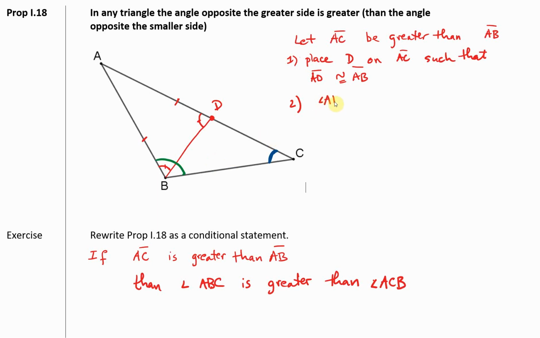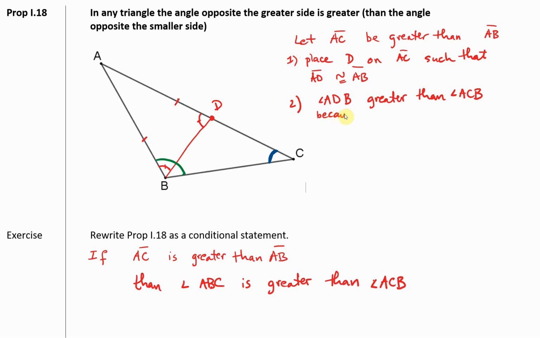Angle ADB is greater than angle ACB. That's the blue one. Okay? So this red one right here is greater than this blue one here. And this is because of the previous proposition that we proved, proposition 116, the exterior angles theorem. And I'll write my reasoning in here.